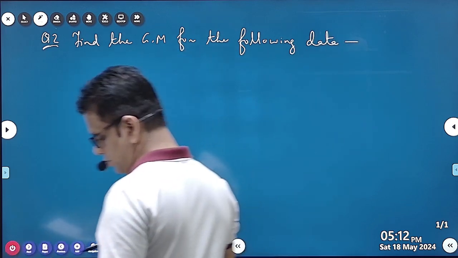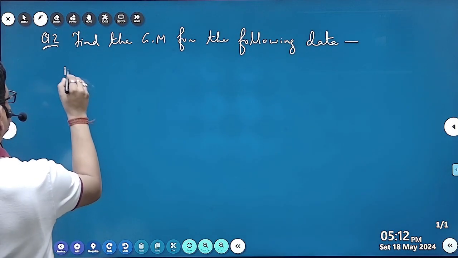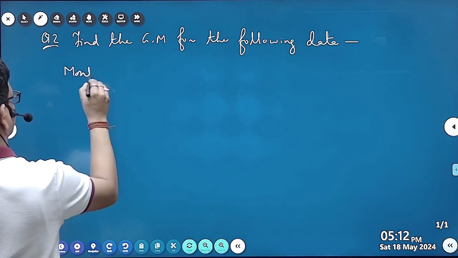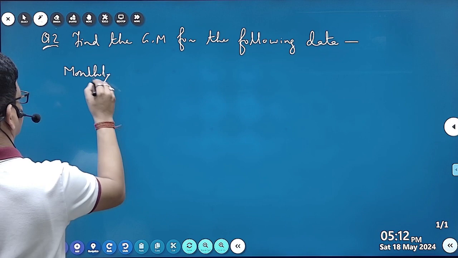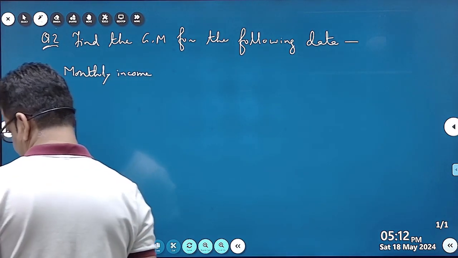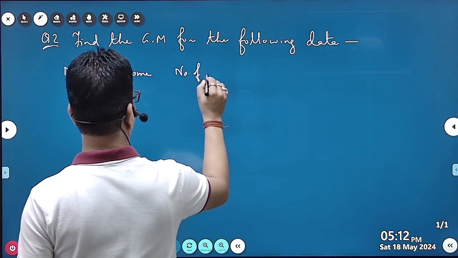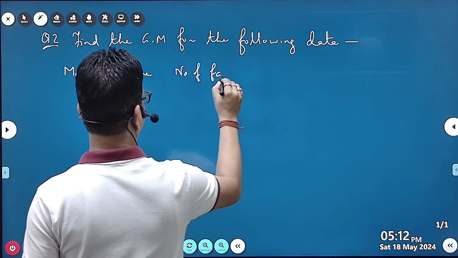Okay, so in tabular form, right? So the question goes like this. Suppose this is the monthly income, and this is the number of families.